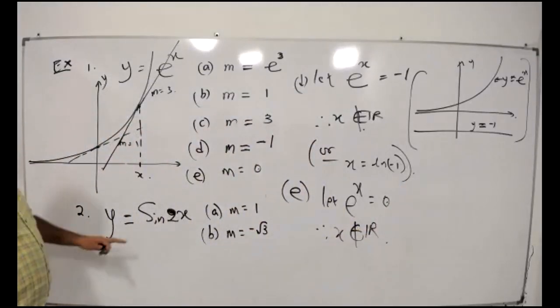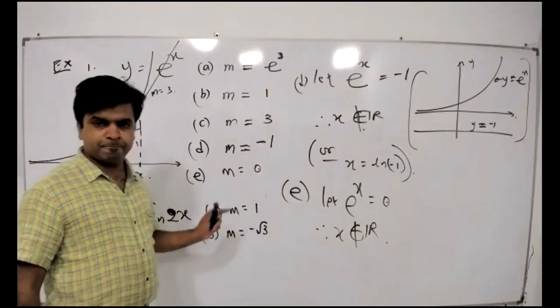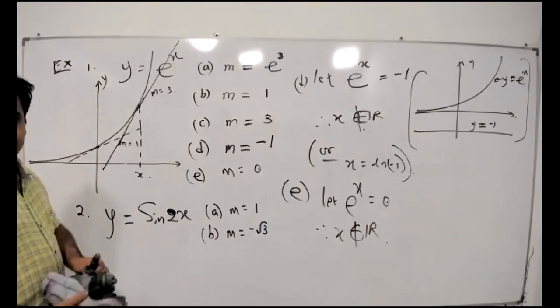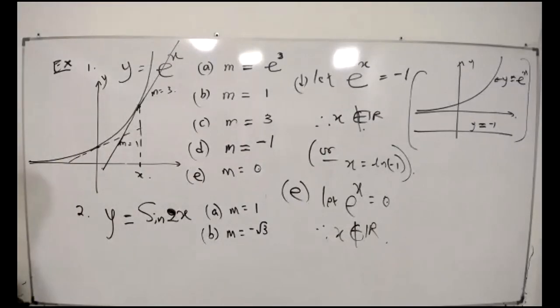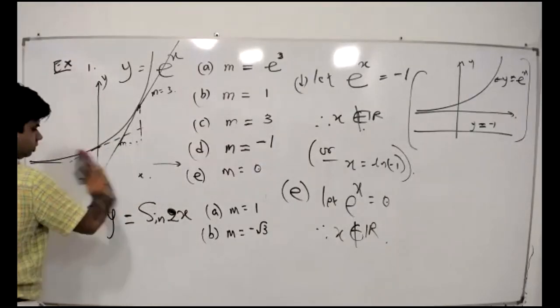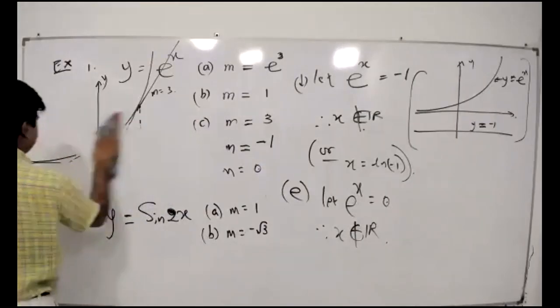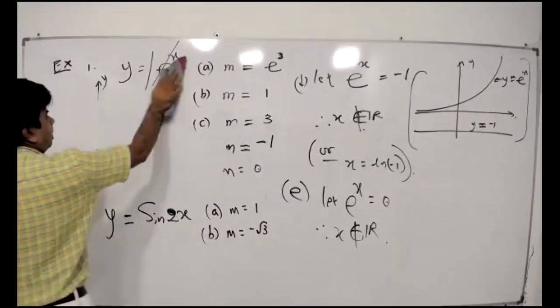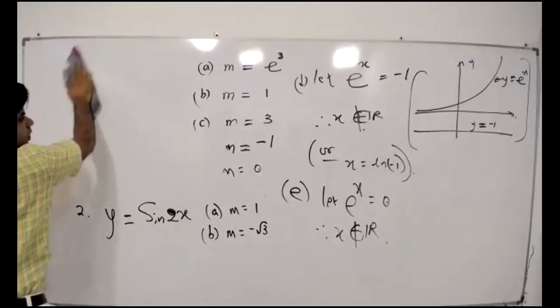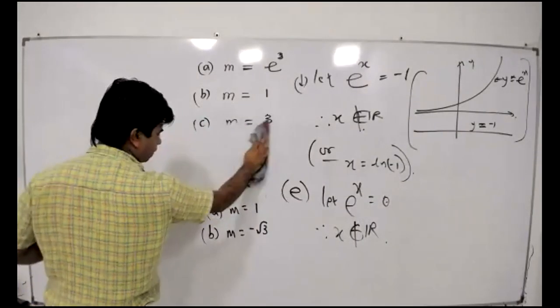Now, raise your hand those who have done the second question under part A. Kavish, what is the answer? 5/6, √3/2. x equals 5/6.